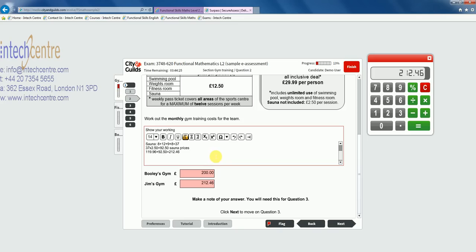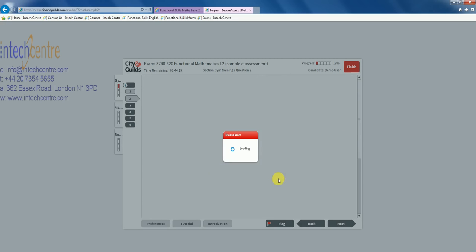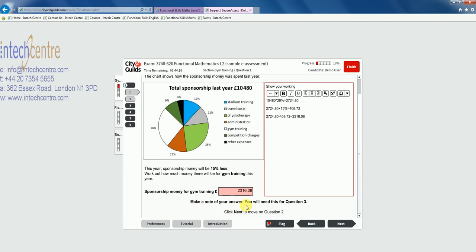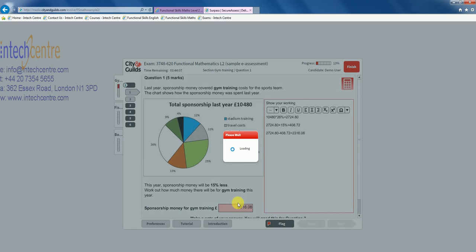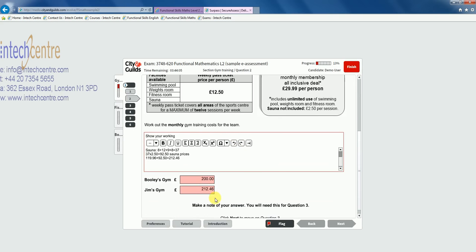Okay, so that's it. It says make a note of your answer, you'll need this for question 3. If we go back to the previous question, it also says make a note of your answer, you'll need this for question 3. So you should make a note, ideally on paper, of the sponsorship money for gym training, and then Bruley's Gym and Jim's Gym.